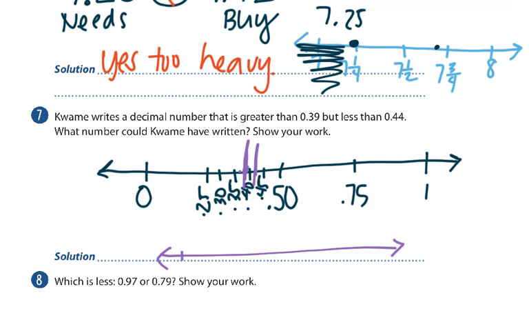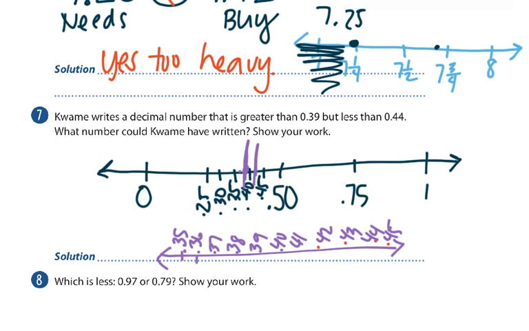So I'm going to draw 0.35, 0.36, 37, 38, 39, 40, 41, 42, 43, 44, 45. Okay, so these are all decimals. I'm putting the decimals in there. They're hard to get the little pin thing to show up. It doesn't want to work right there on those for some reason.